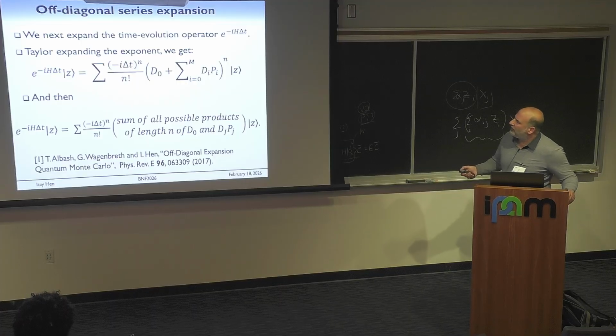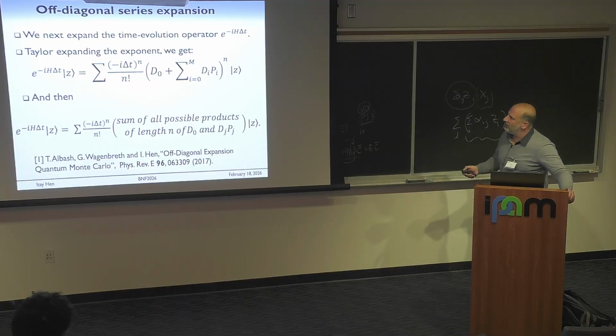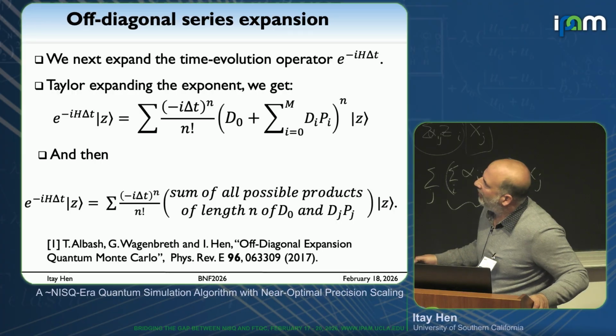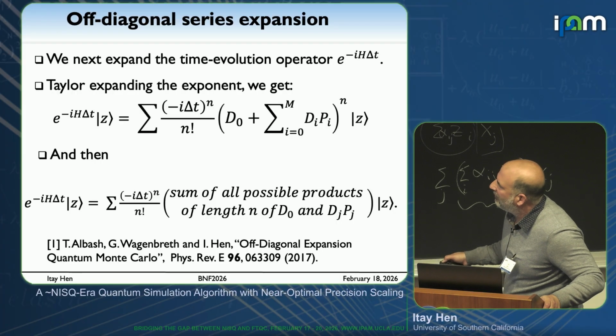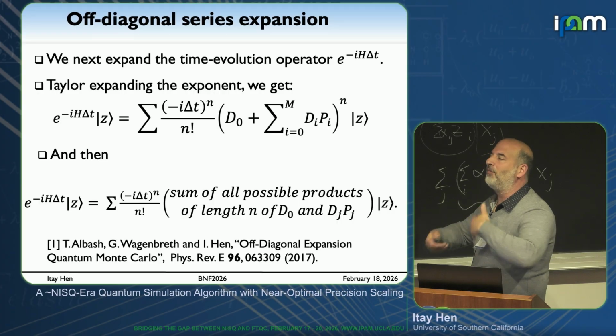So what we keep doing is exactly Taylor expansion, in the sense that we Taylor expand the exponential, summing over minus i delta t. I'm assuming that there will be a delta t.